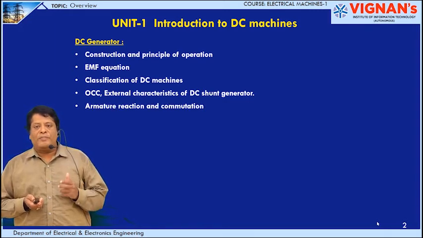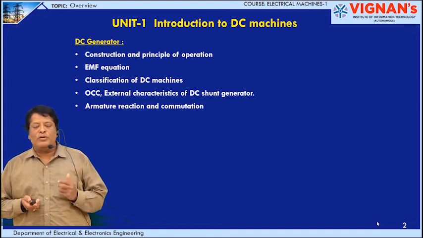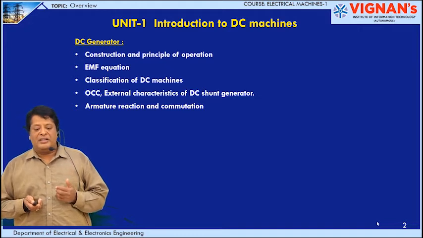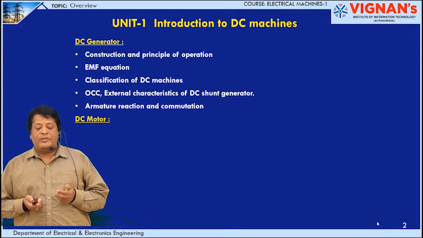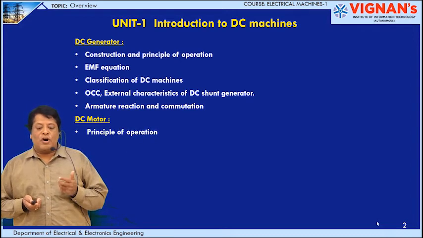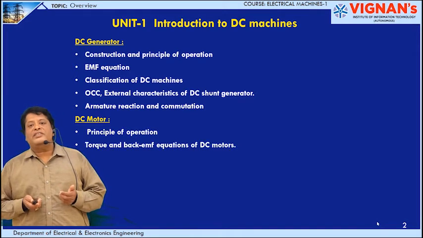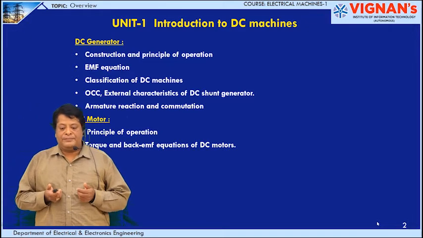These are the important topics we are going to discuss in the first unit under the DC generator. Next, the DC motor is also in the same unit: principle of operation, torque equation and the significance of the back EMF in a DC motor.